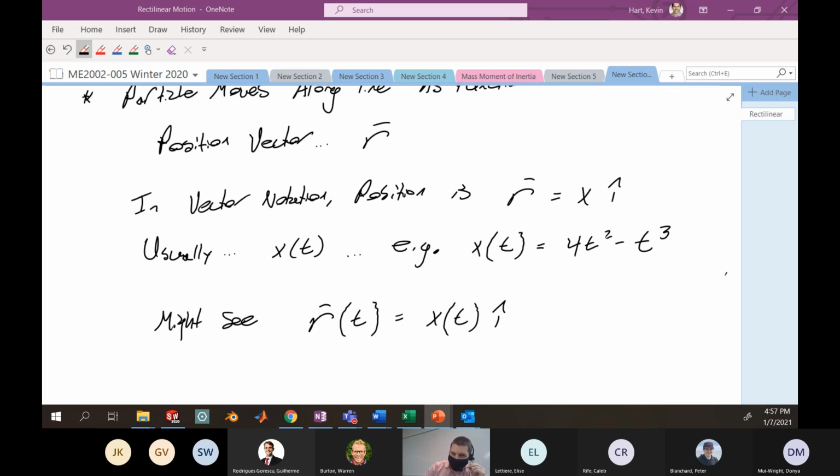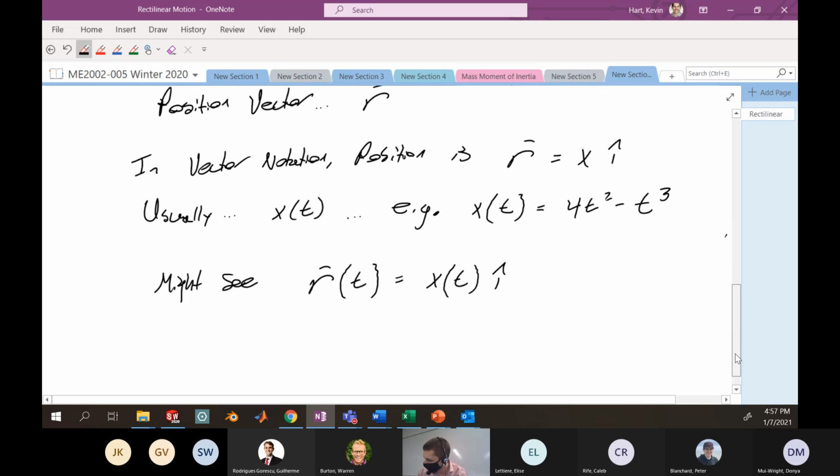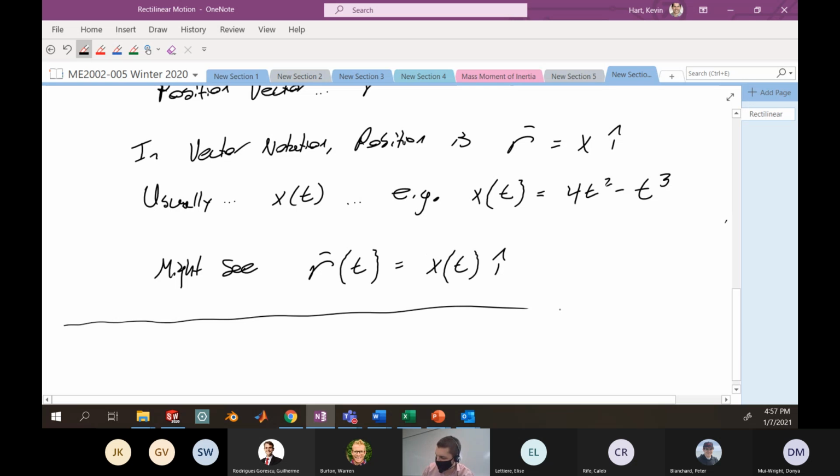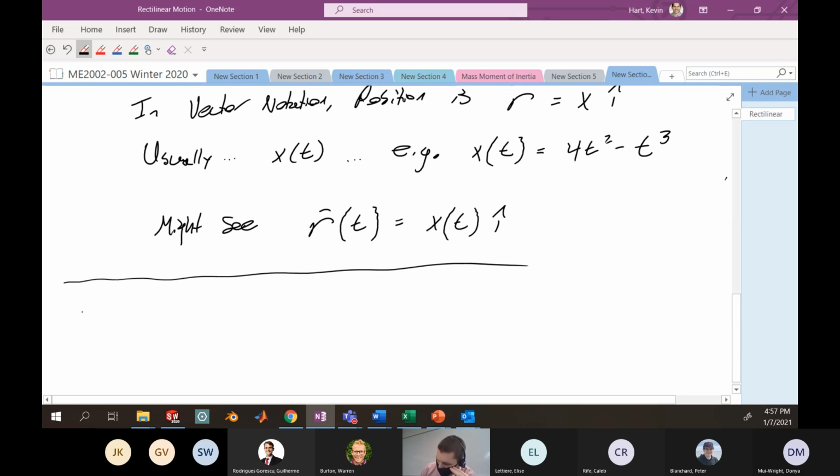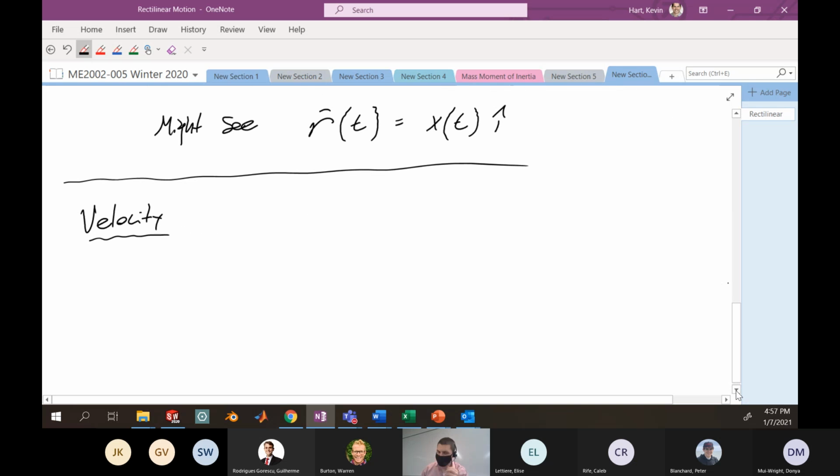Now, that's position. Next is to consider the velocity, right? And I know you guys have probably seen this before, but I'm just going to hammer it home, and we'll talk about velocity. All right.